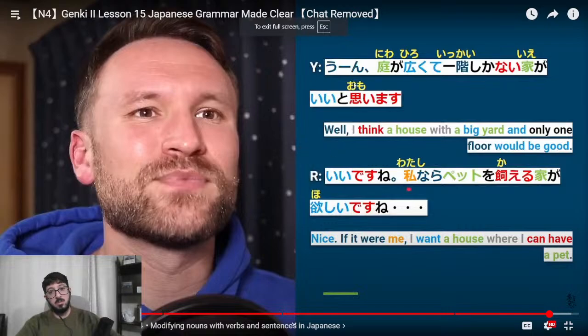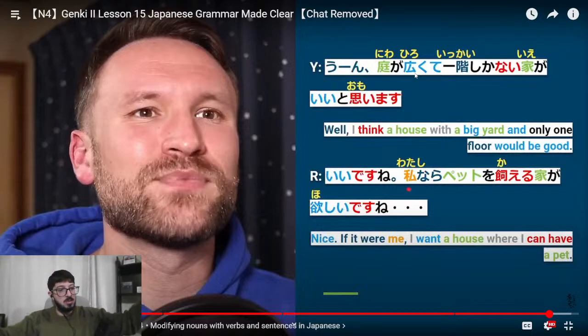I think a house with a big yard, 庭が広くて, 広い means wide or big, and only one floor, 1階しかない, would be good.